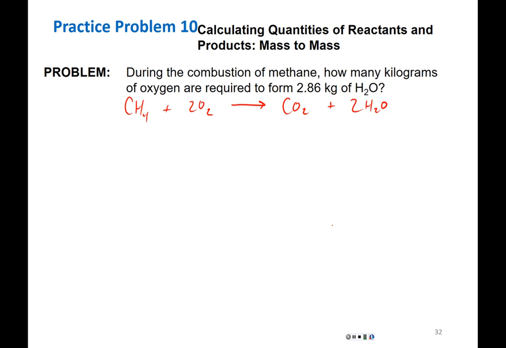And we're given 2.86 kilograms of H2O. Now remember, if we're given kilograms, we have to convert that into grams. Okay, and that's just multiplying by 1,000. So that's 2860 grams of H2O.